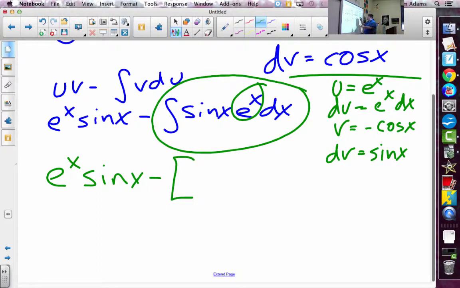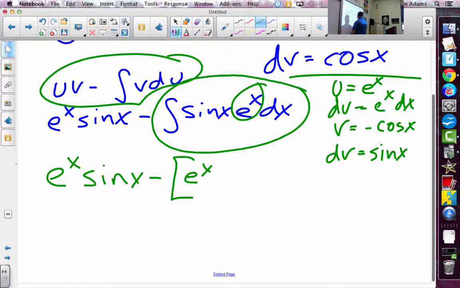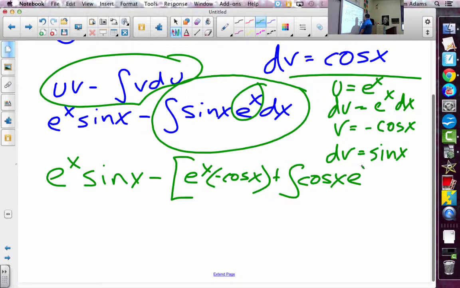So using the integration by parts formula again, I would have e to the x times v, which would be negative cosine of x, minus the integral of negative cosine, so I'm going to put the plus sign there, e to the x dx.